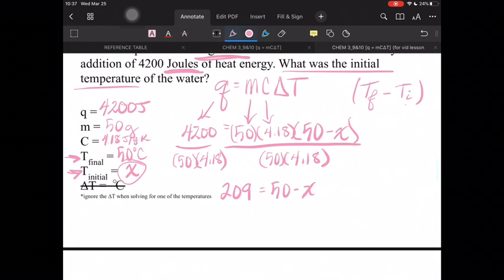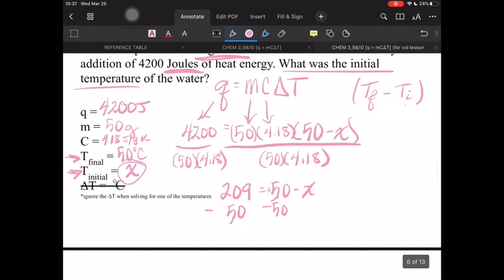You could go about this two different ways. I'm just going to subtract 50 from both sides. And the reason we are subtracting here is because 50 has an imaginary positive sign in front of it, right? If it doesn't have a negative sign, that automatically means it's positive.